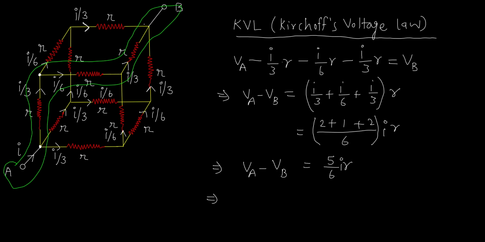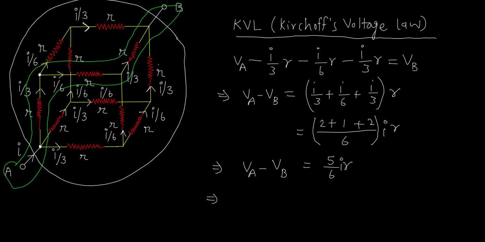And if we take this total resistance network as a black box, where you don't know what is inside, but you know the potential difference VA minus VB and the total current it is taking, I, what will be the resistance using Ohm's law? That will be the potential difference VA minus VB divided by I. So the total resistance of the circuit network is the total potential difference divided by the current.